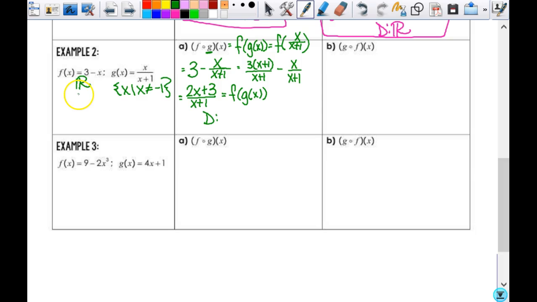No. So whatever the range is, it doesn't even matter if we actually write it down. Everything that comes out is all real numbers, which means that this is my domain. It's the domain of g, so it is x such that x cannot equal negative 1. There you go.